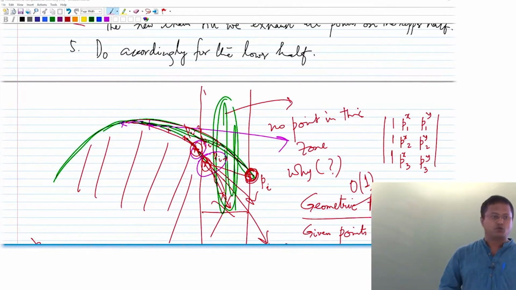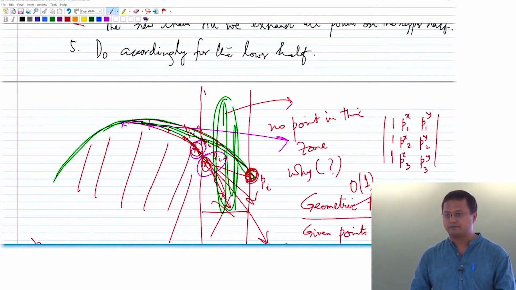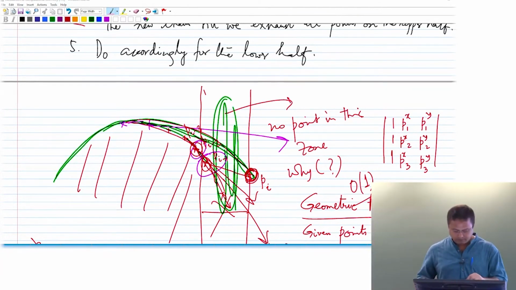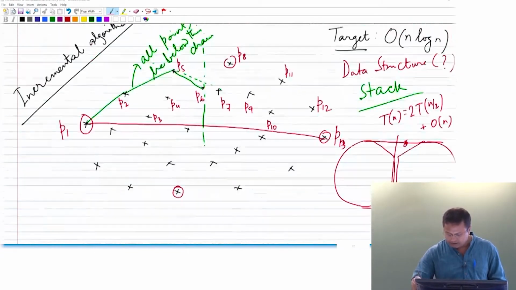Essentially you took n log n for sorting, and then this business of pushing and popping from the stack, if you count properly, is going to be n. So, in all you are doing n log n, and we are in the business of hitting the lower bound of the problem of convex hull. So, this is an optimal algorithm for convex hull, and this algorithm has a formal name.